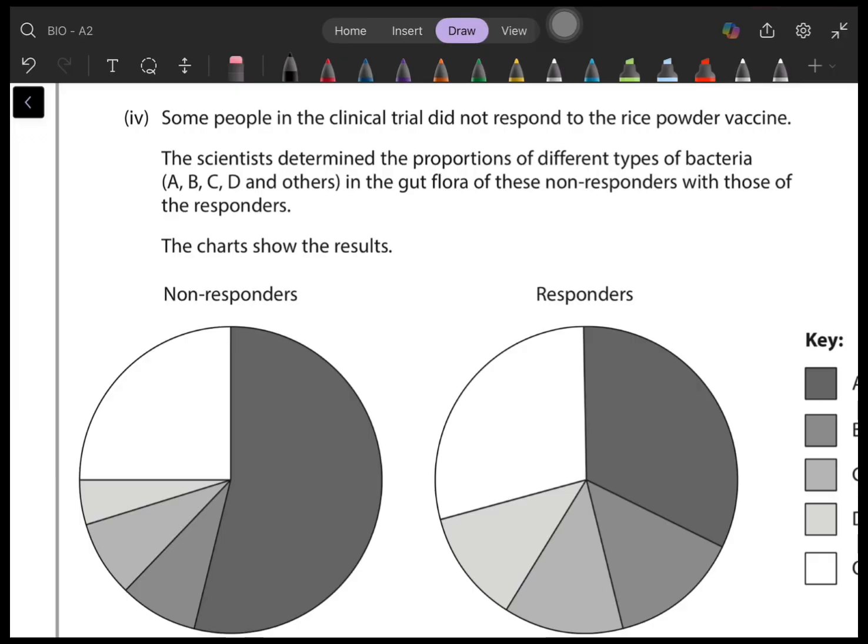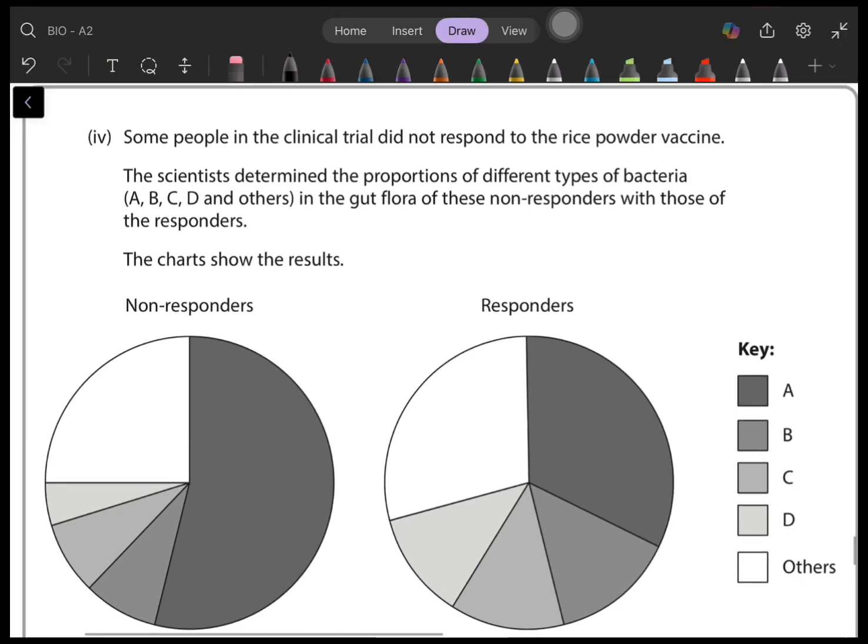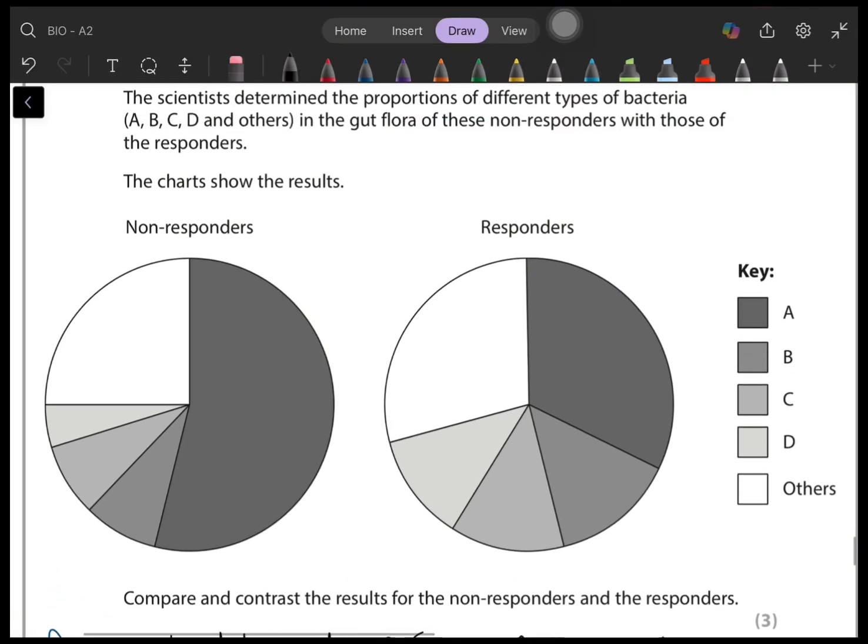Some people in the clinical trial did not respond to the rice powder vaccine. The scientists determined the proportion of different types of bacteria A, B, C, D and others in the gut flora of these non-responders and compared it with that of the responders. Compare and contrast the results for responder versus non-responder.